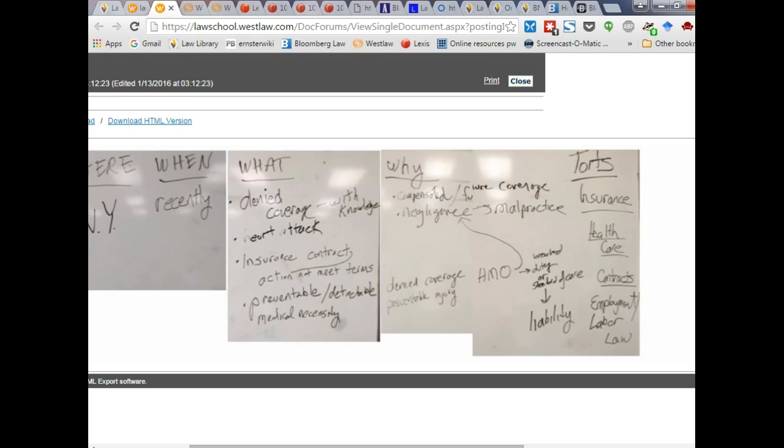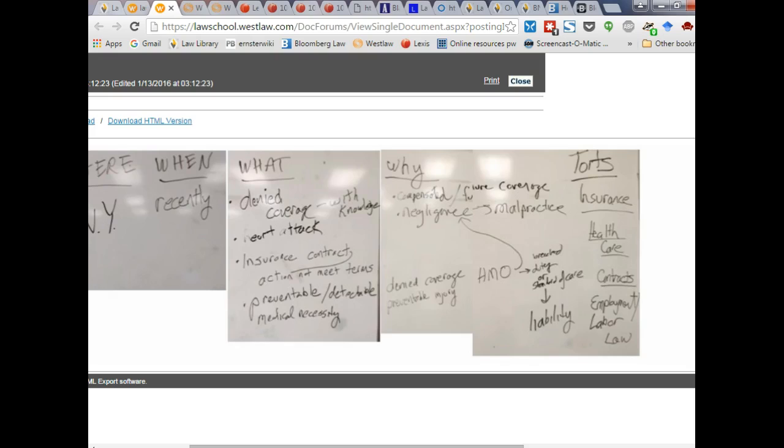Or what? An HMO? For negligence? Denial of coverage. We decided we have a couple of different words here for negligence. That one's kind of hard, but we have duty or standard of care and liability.